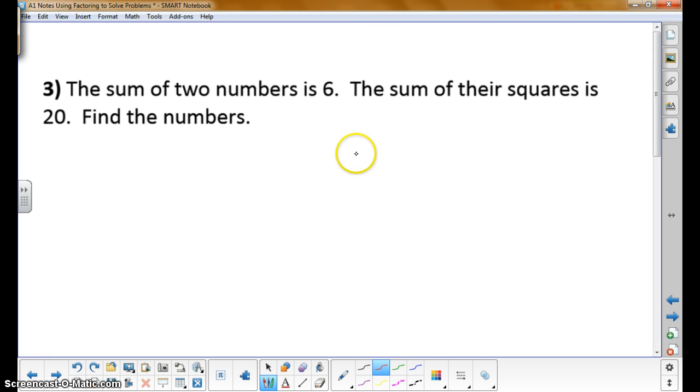Okay, if two numbers add up to 6, let's just call those x and y. Then we know that x plus y is equal to 6, and y is equal to 6 minus x. So the sum of their squares is 20.